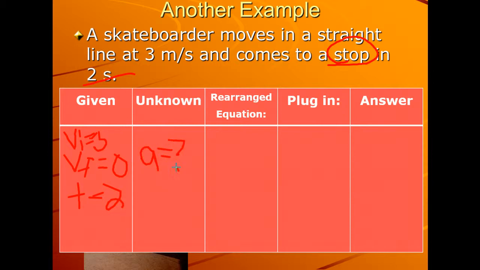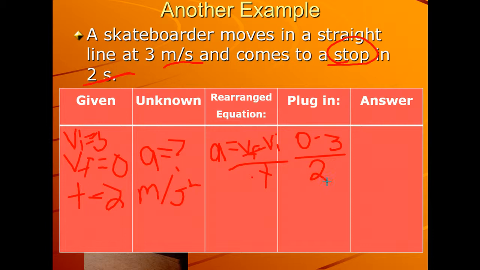And this time, again, it's going to be meters per second squared because my speed's measured in meters per second and my acceleration's measured in meters per second squared. So VF minus VI over T. So we have 0 minus 3 over 2.